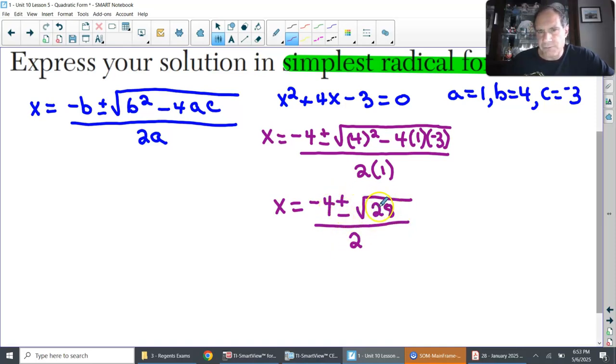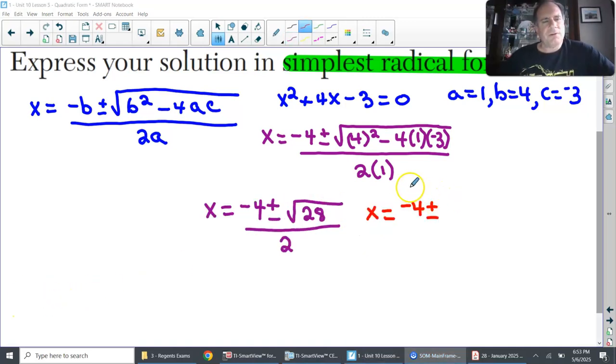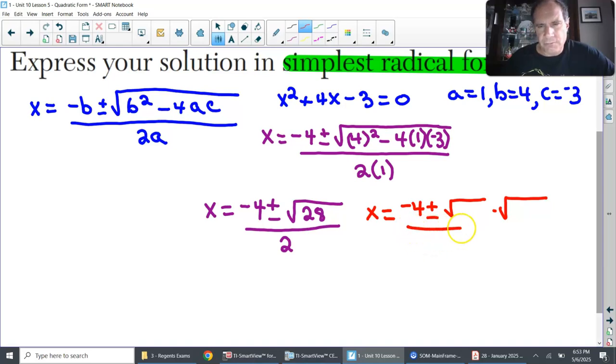This square root of 28 needs to be broken up into a perfect square times a non-perfect square. So I'm going to put negative 4 plus or minus a perfect square radical times a non-perfect square radical, and that's all over 2.